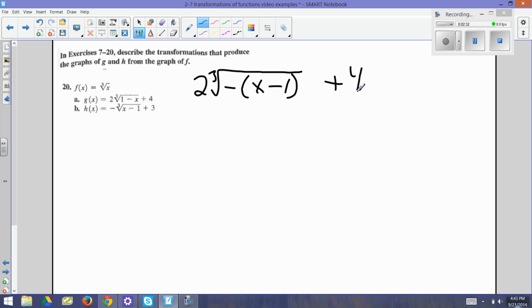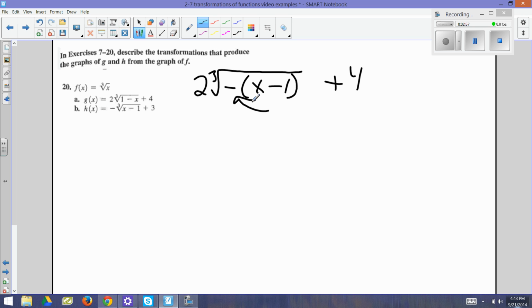Distribute the negative, and then you'd have negative x plus 1, which is the same thing as 1 minus x. So now I rewrote it, and that negative is with the x. So the x is changing signs. My x is going from positive to negative.